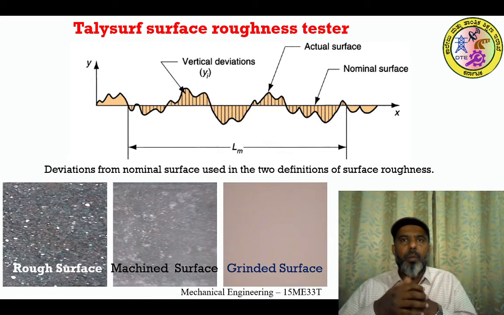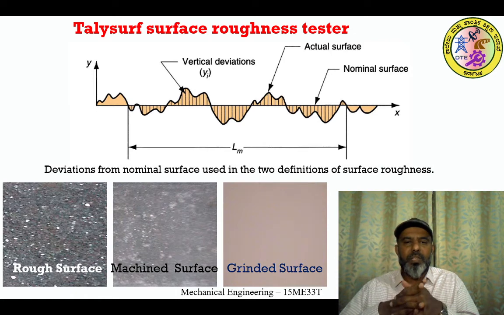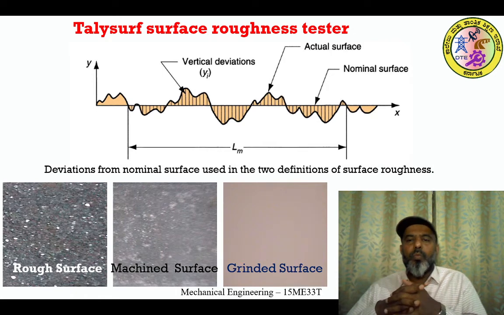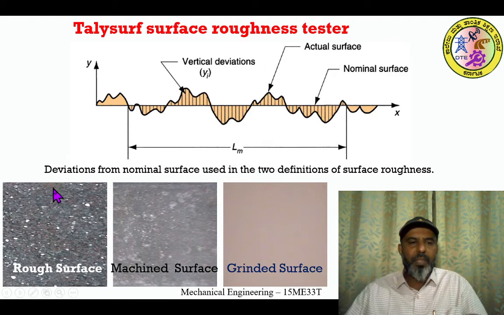Lapping and honing operations are done to obtain the mirror surface finish. Now, the pictures are shown here. The rough surface has more cavities. On machining or turning, these cavities have been reduced here.